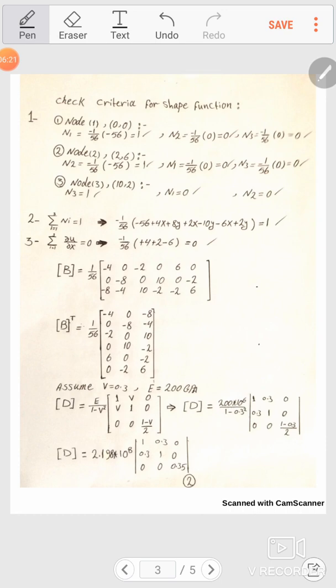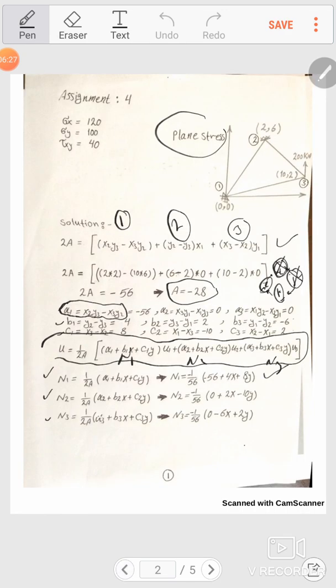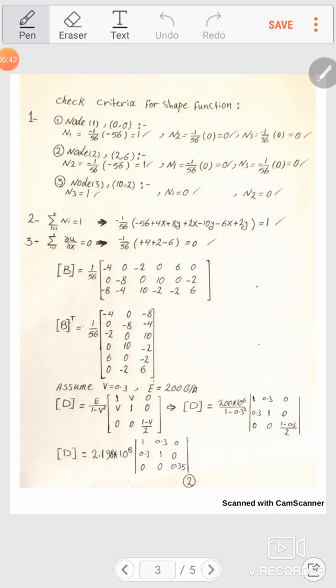And same for node number 2. Do that and substitute. For node number 2 we have only x and y. So also just take node by node. We work on node number 1. So take the values of node number 1, x and y, and substitute in the other nodes.